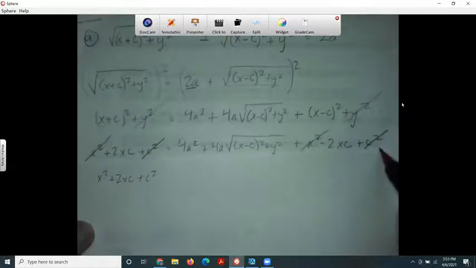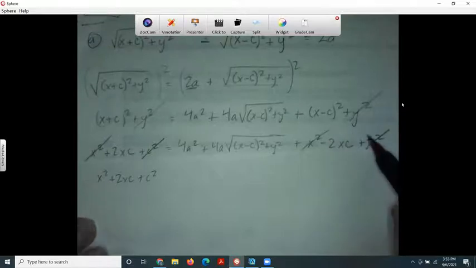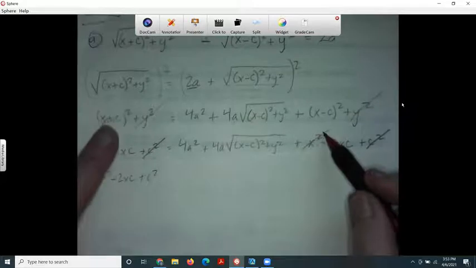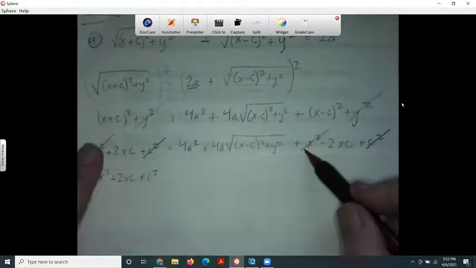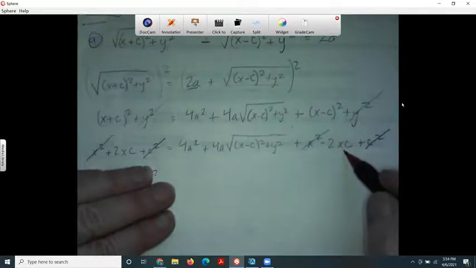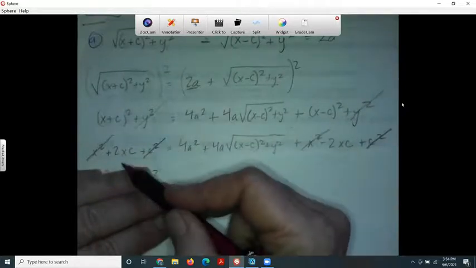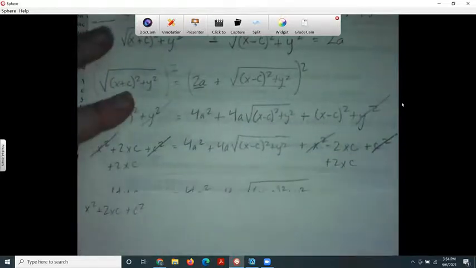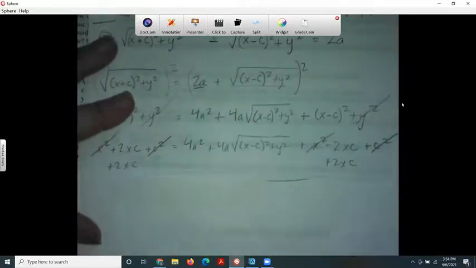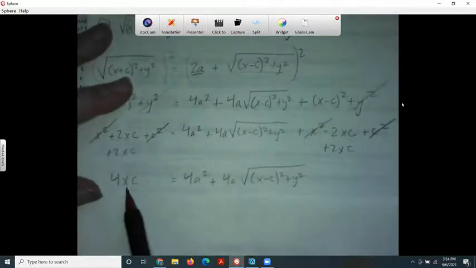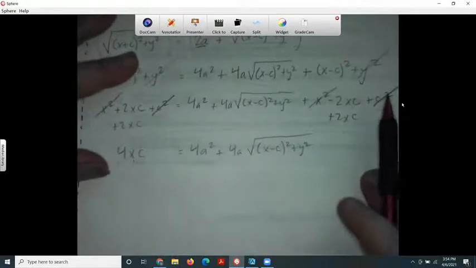Okay, but then I noticed that I had c squareds on both sides, so I got rid of them, and I had x squareds on both sides, so I got rid of those. And I noticed that I had negative 2xc over here and a positive 2xc over here, so I added that to both sides. And then I end up with this over here, and then I've got the 4a squared plus 4a, all this.